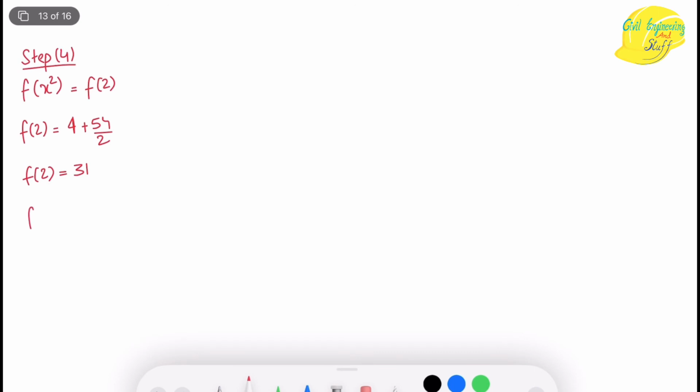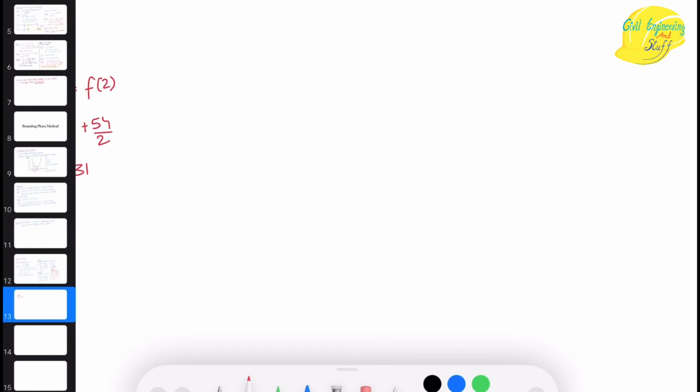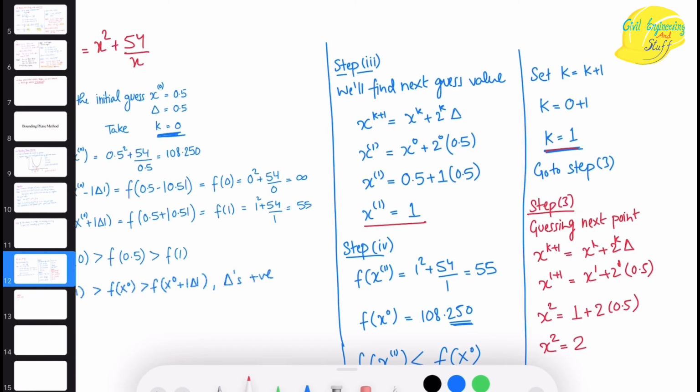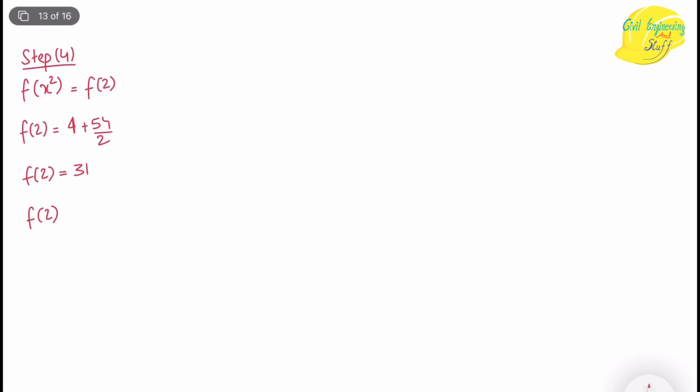So is f(2) greater than f(1) or less than f(1)? What was the value of f(1)? The value of f(1) was 55. So f(2) is 31 and f(1) was 55.